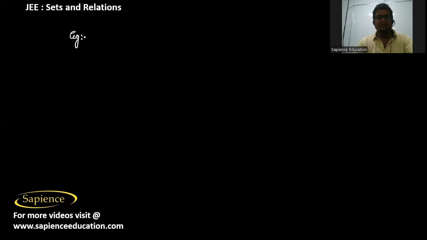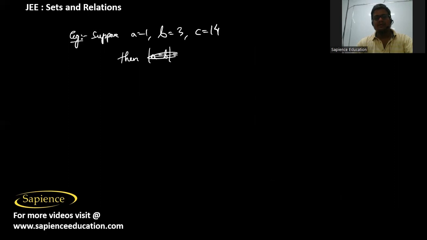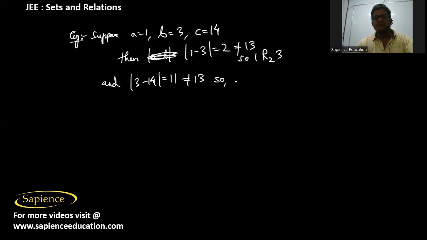For example, suppose we take A as 1, B as 3, and C as 14. Then mod of 1 minus 3 is equal to 2, which is not equal to 13. So 1 is related to 3 under R2, and also mod of 3 minus 14 is equal to 11, which is not equal to 13. So 3 is related to 14 under R2.